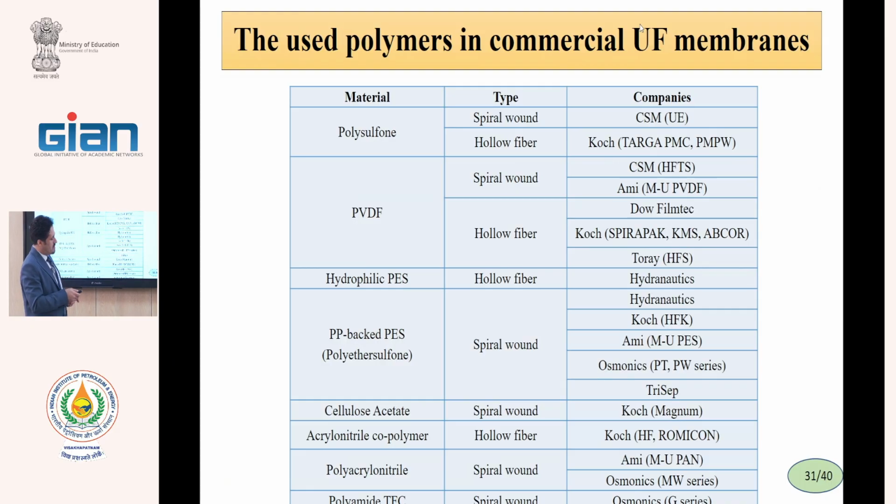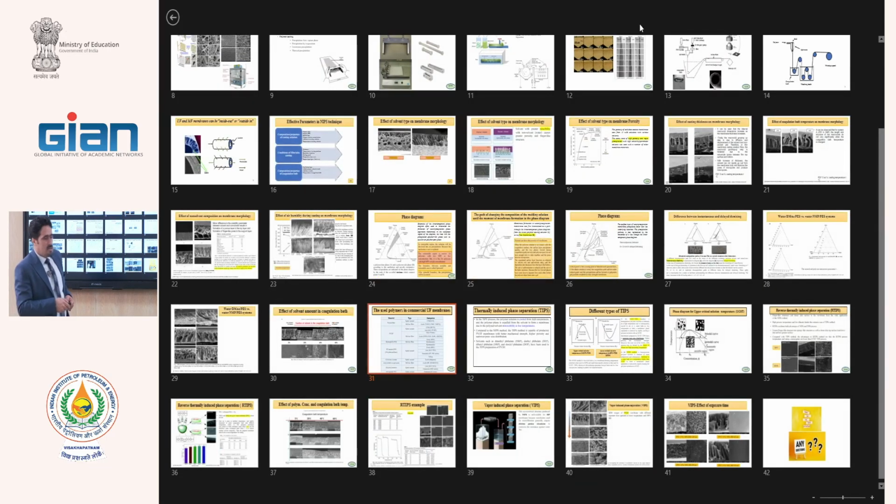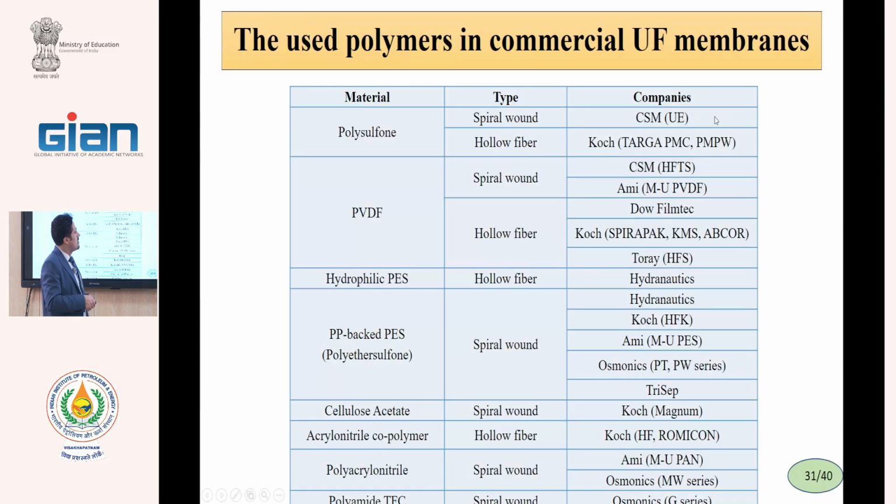In this slide, I show commercial UF membranes prepared by CSM, Koch, AMI from India, Dow FilmTec, Hydranautics, Toray. The most used polymers are polysulfone, PVDF, cellulose acetate, polyacrylonitrile, and polyamide.